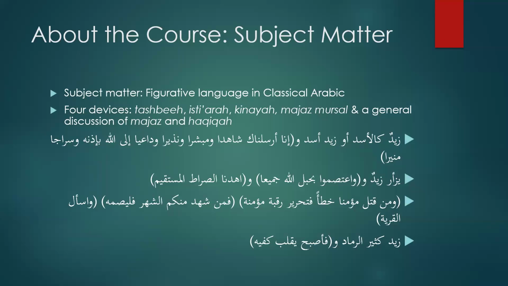In other words, the operator that does the actual comparison, and that's the kaf here. Zayd is like a lion, or we could just say Zaydun asadun, which would also be tashbih in Arabic, right? In both of these cases you have a mushabbah and a mushabbah bihi, right?